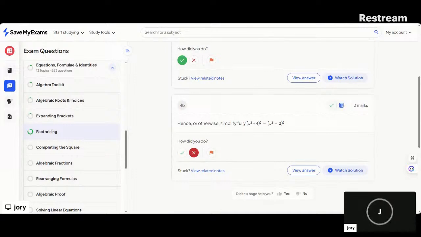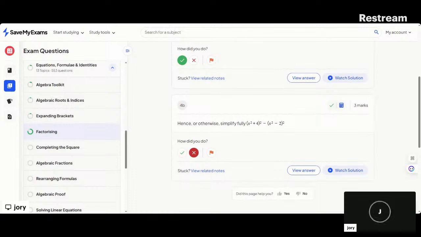So we got a squared, and then plus 2ab, plus 8x squared plus 16, minus x to the fourth, plus 4x squared, minus 4.